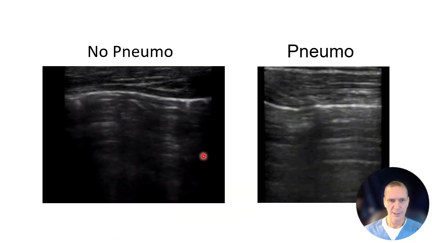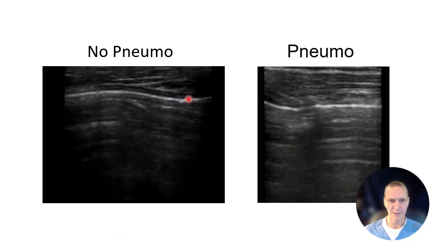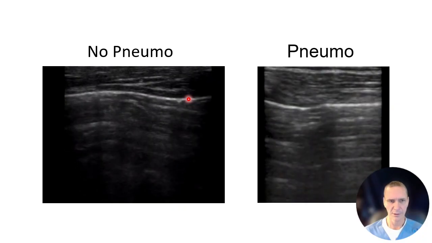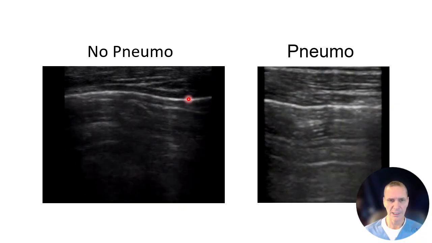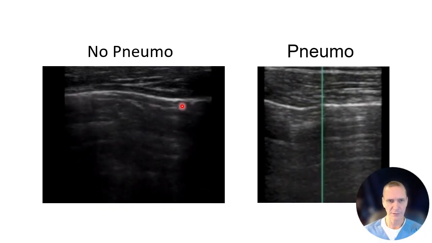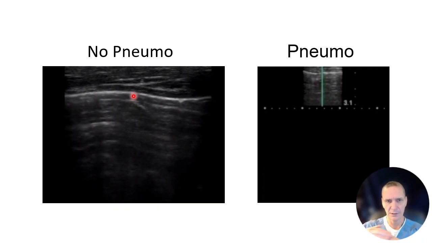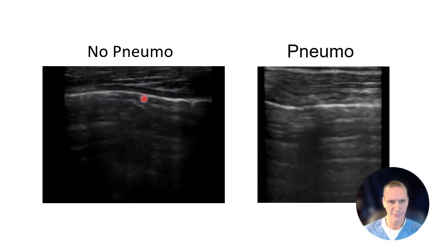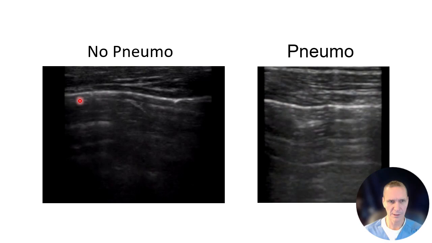The image on the left is no pneumothorax, a lung that is up. The image on the right is suggestive of a pneumothorax. Remember, when you have parietal and visceral pleura moving, there's little calcifications on there. And you can see that up here. This is ants marching on the line, you'll hear.